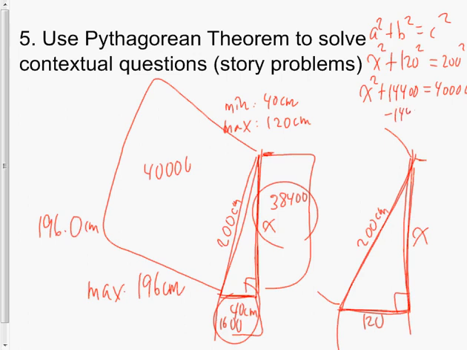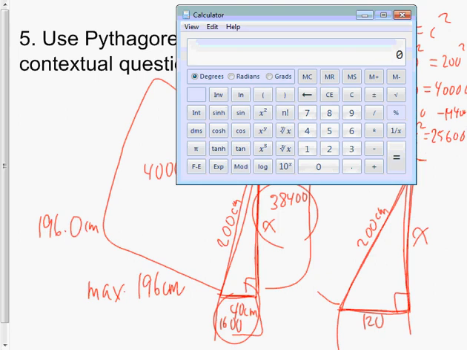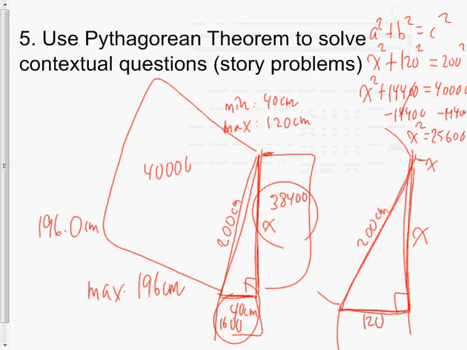Subtract 14,400 from both sides. I'd get x squared equals 25,600, I think. The square root of 25,600 is 160. So therefore, the minimum distance up the wall is 160 centimeters, or 1.6 meters.